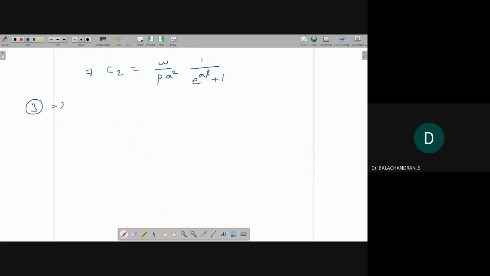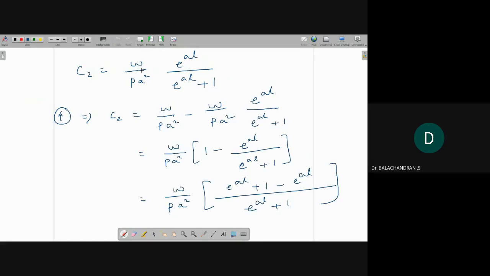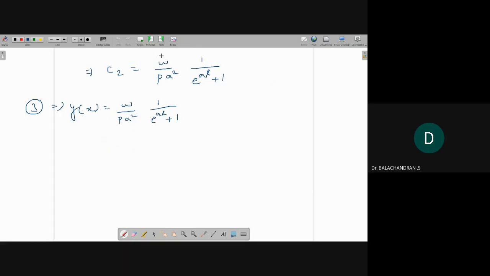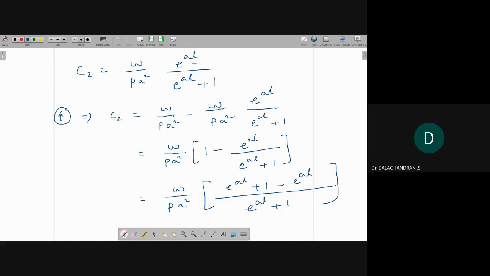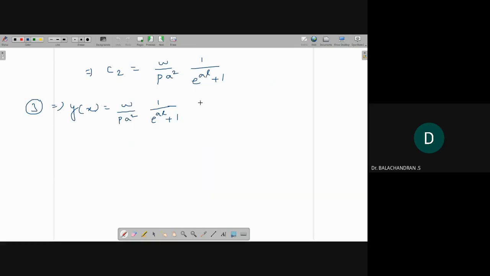Equation 3 implies y of x is equal to C1, where C1 is omega by P square into 1 by e power AL plus 1, into e power AX, plus C2, where C2 is omega by P square into e power AL by e power AL plus 1.